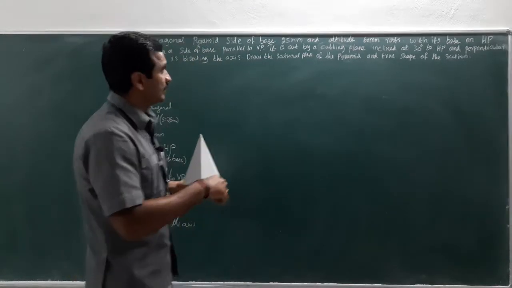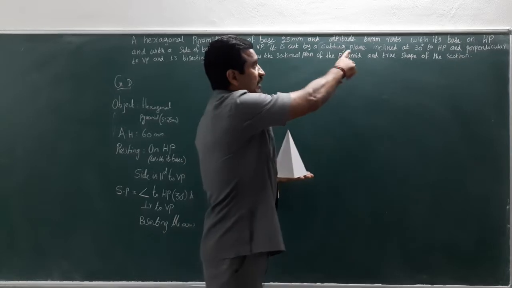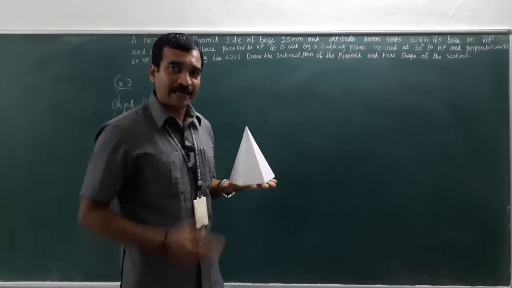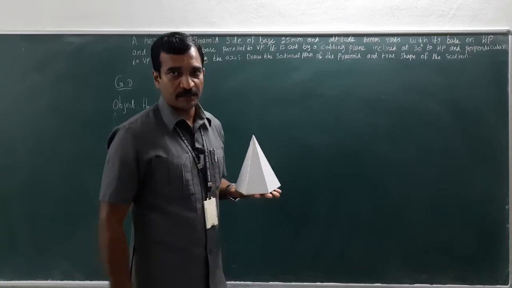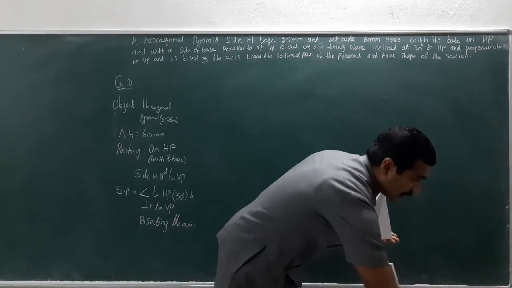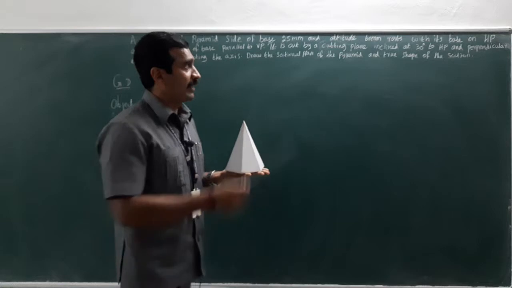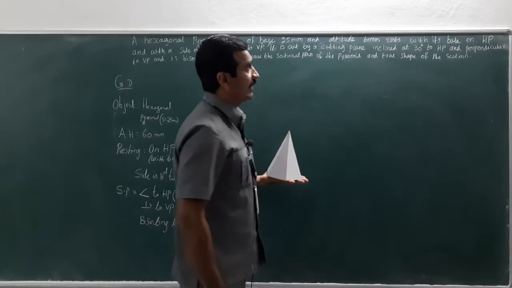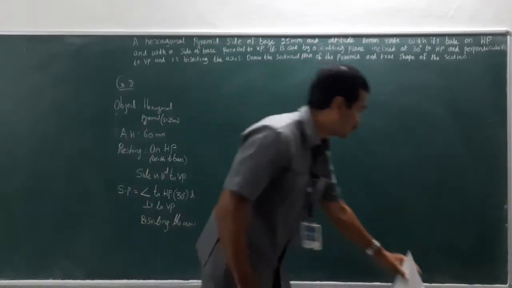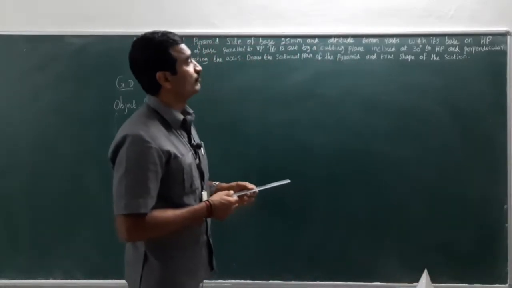In addition to that, a cutting plane or section plane is used to cut this object to see the interior of this particular object. Here the section plane or cutting plane is inclined to 30 degree to HP and perpendicular to VP.